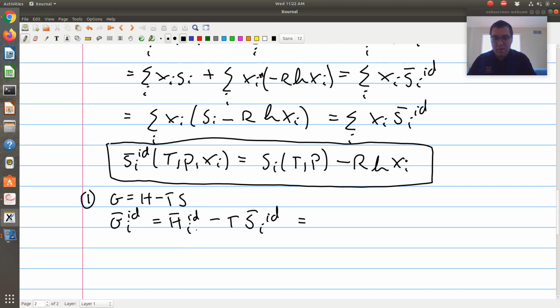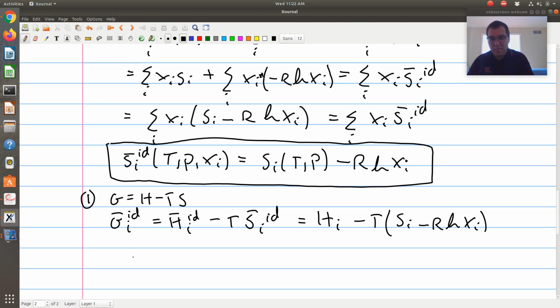So H bar i ideal is just Hi, minus T times S bar i ideal, where I can plug in Si minus R log xi.